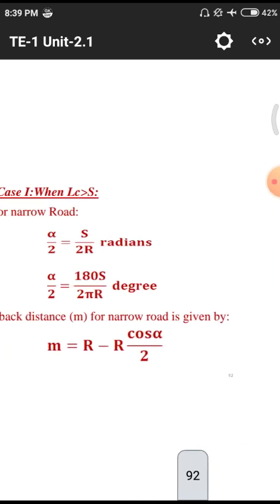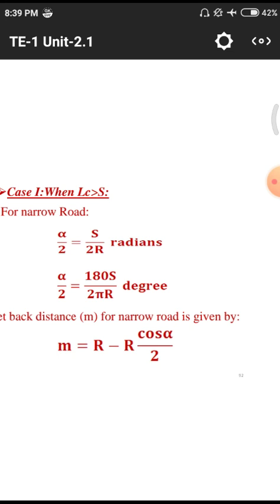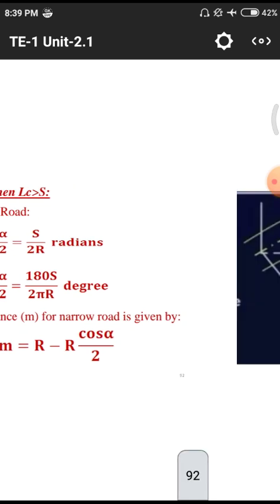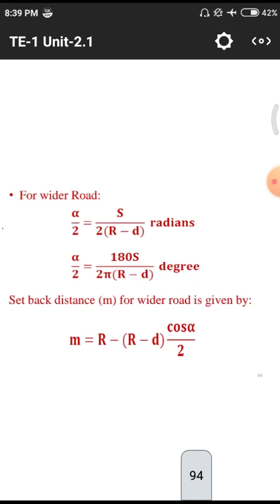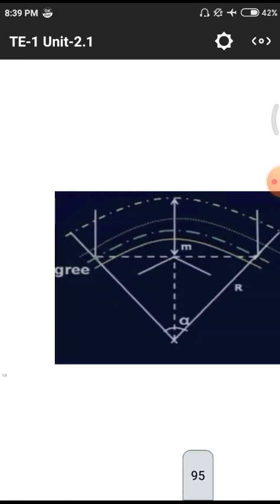In the previous case we had s by 2r, and in meters r minus r cos alpha by 2, but in the case of these narrow roads, r minus d into cos alpha by 2, that means we neglect some distance equal to d from the radius of the curve.